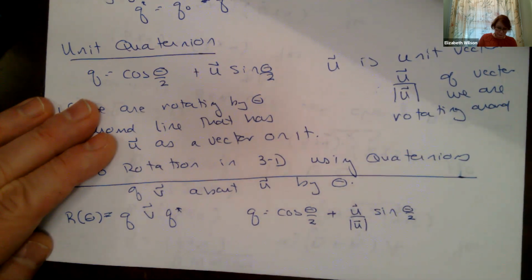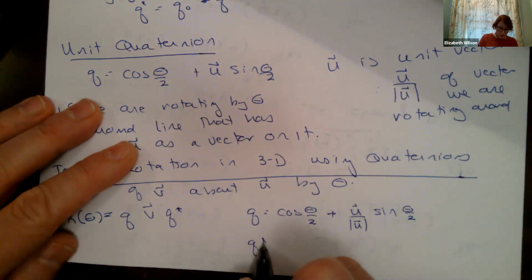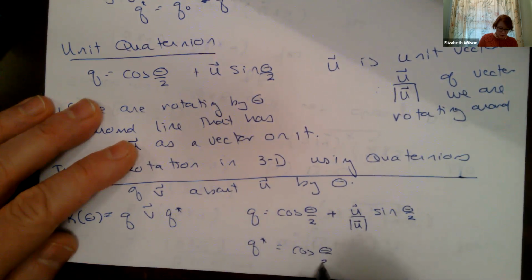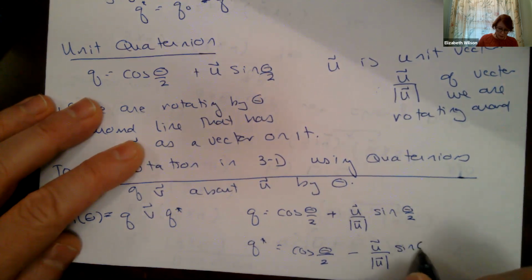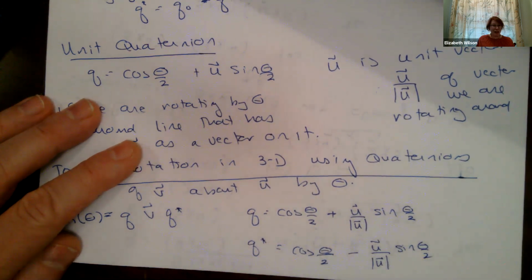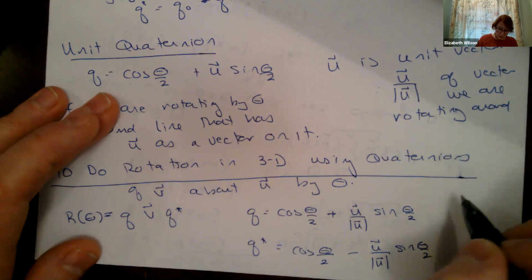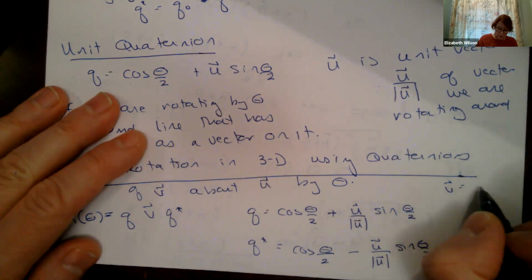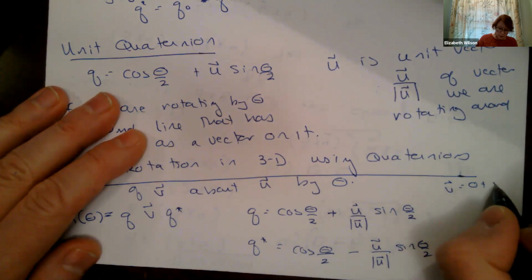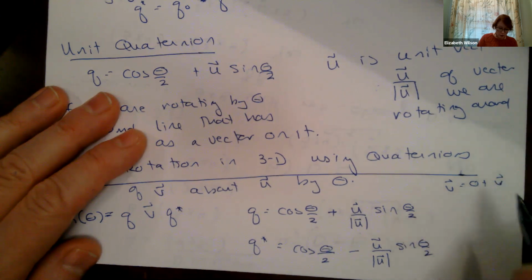Our Q star is equal to cosine of theta over 2 minus U divided by its magnitude, sine of theta over 2. It's the same thing, only I'm just subtracting. It's the conjugate. And then we'll say V equals 0 plus V. So this is a quaternion also.